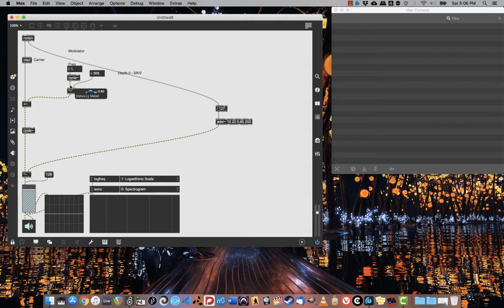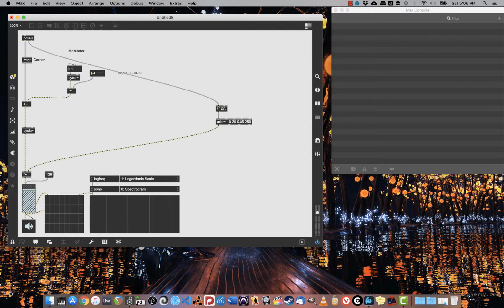This is pulsing that up and down, and it's being used to multiply that. So you get a huge, huge, huge range of values that can then be added to the frequency going into this cycle. So now I've got 440 plus 305 times the cycle. So that's going plus 305 and plus negative 305.